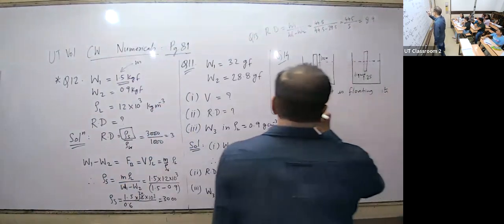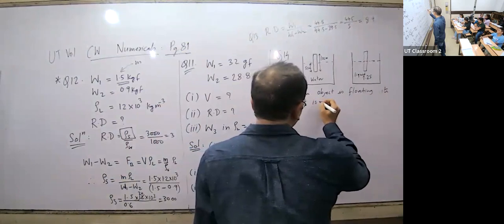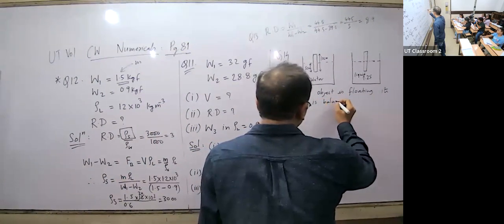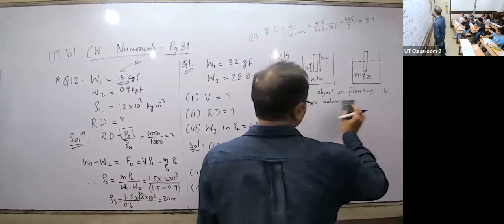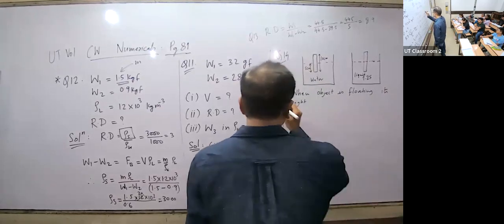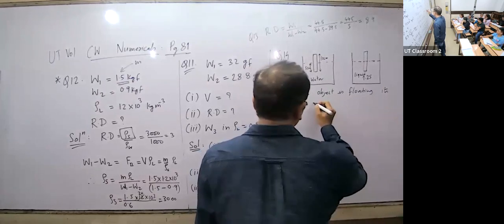Its weight is balanced by upthrust, since its apparent weight is 0.